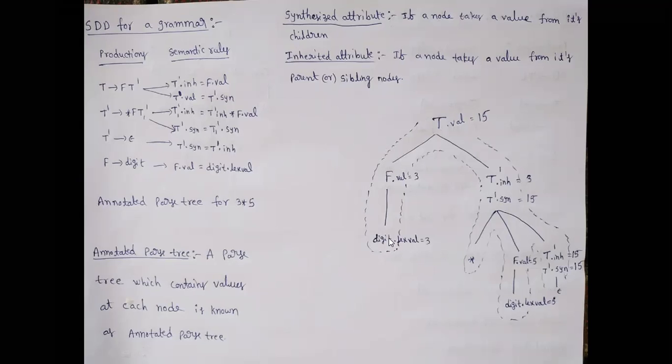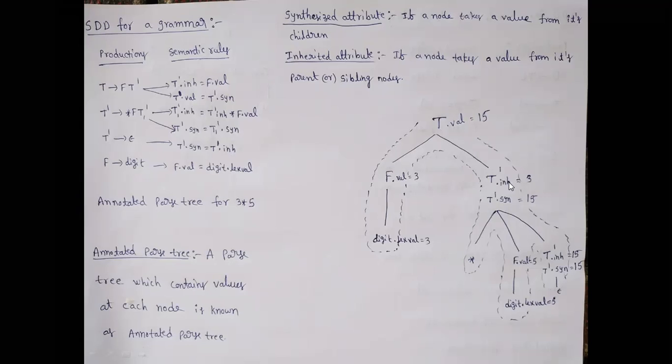So here we are having the reduction digit dot lex value is equal to 3, and the production is F produces digit. So F produces digit. Then we are having the reduction. Then we are going to replace with the semantic action F dot value equals digit dot lex value. So what is the digit dot lex value? 3. So then it is replaced with F dot value equals 3. Then we are moving here.